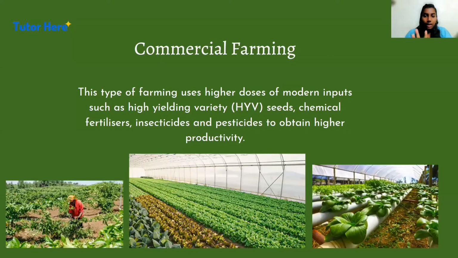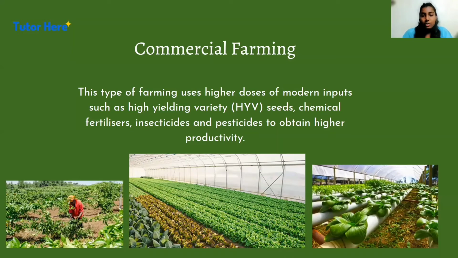Finally, the third type of farming, that is commercial farming. In this, crops are mainly grown for commercial purposes. It is practiced on large pieces of land on scientific and commercial lines using machines and modern technology.